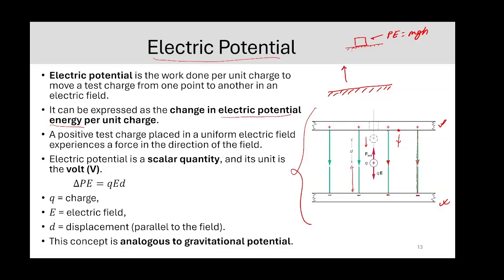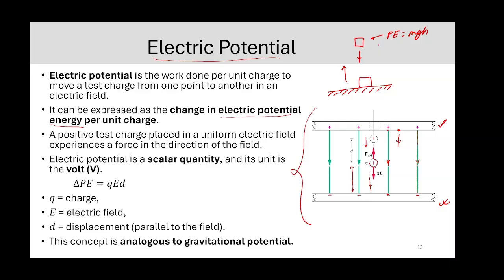If we were to drop this object, gravity will naturally pull it to the ground, and it will lose potential energy, right? That will be the same case here. We have an electric field, and we have a positive test charge. If we naturally leave it, it will move toward the negative charge, losing some amount of potential energy.